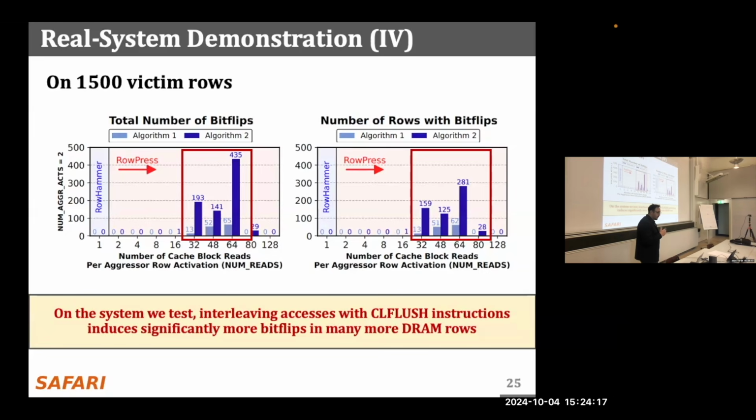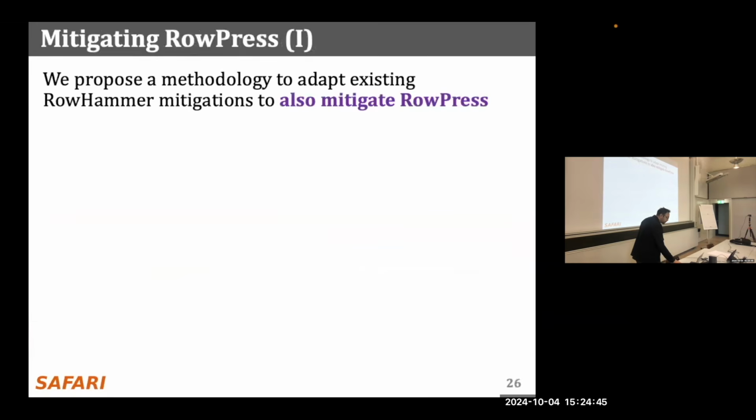This actually changed a lot of things, because it reduces the necessary activation count to induce bit flips quite a bit. If your RowHammer mitigation mechanism is configured for an activation count of, let's say, 500, and by using this you can induce bit flips at 300 activations, now you can just bypass them, right? So there is a lot of opportunity from a system level research perspective as well.